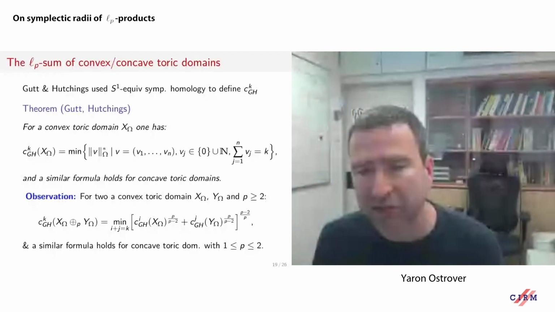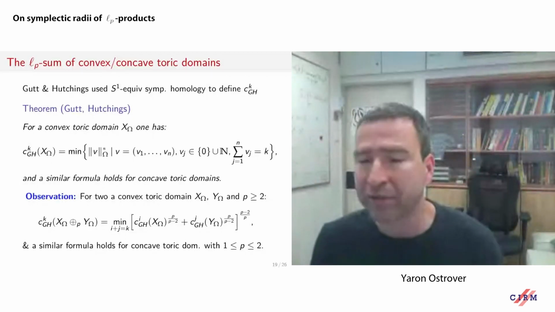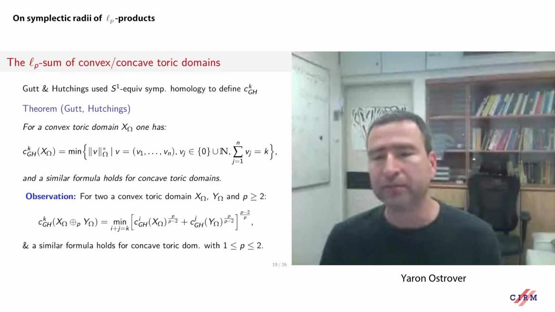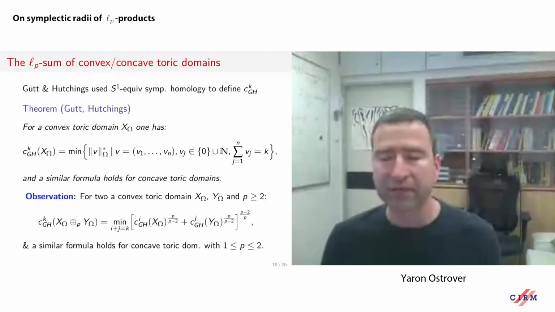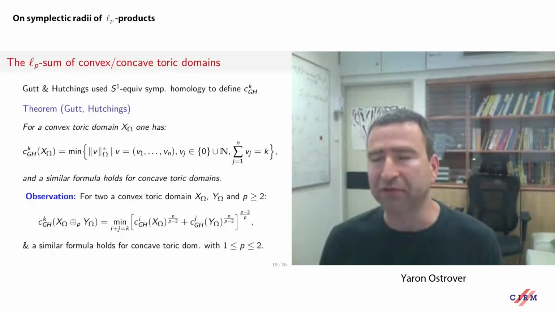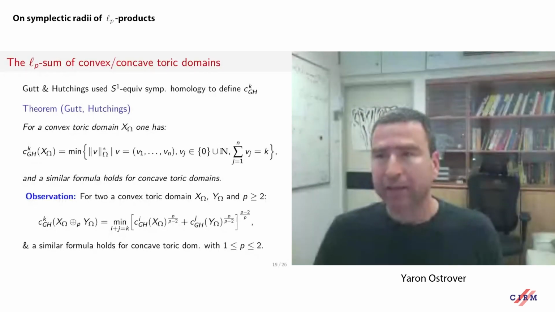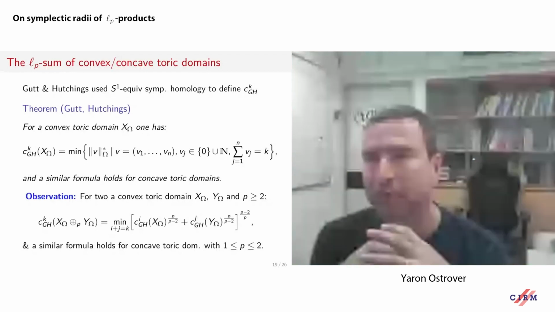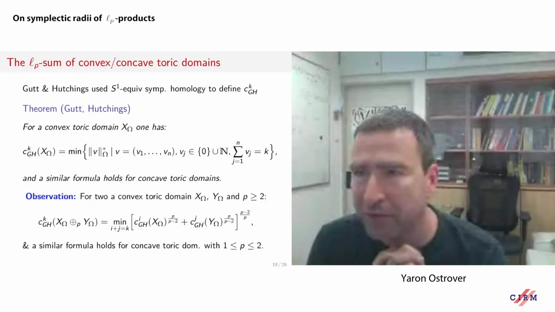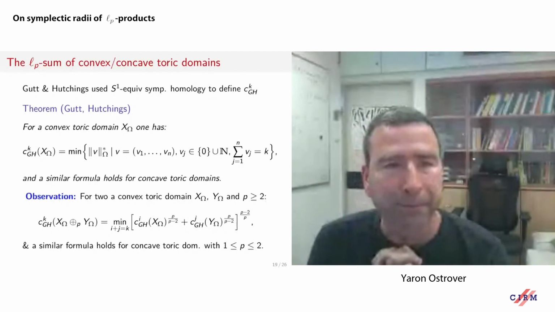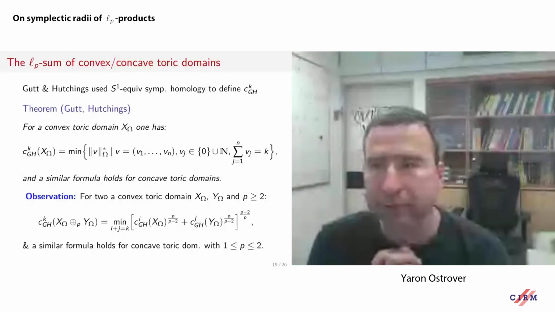The formula should be true for arbitrary toric domains without this assumption of being convex. Any questions before we move on?